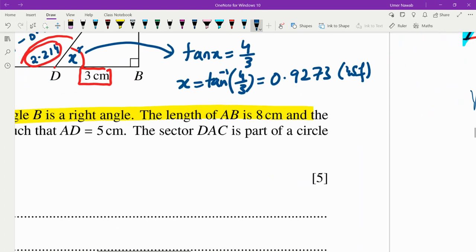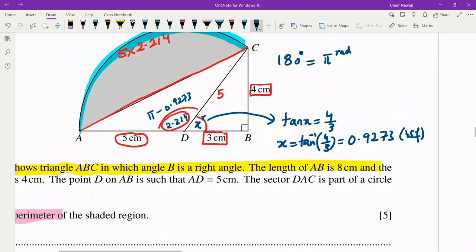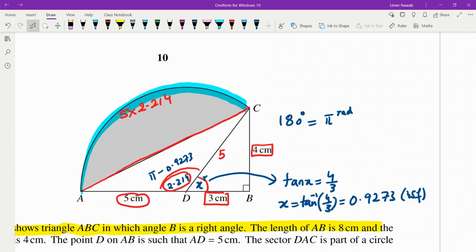Here it is the same thing. Be careful, your calculator must be in radian mode. So I write 5 squared plus 5 squared minus 2 times 5 times 5 times cosine of 2.214.